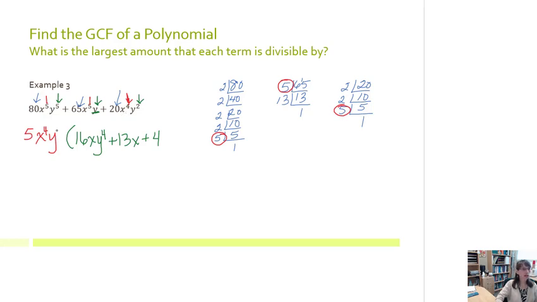Y to the 1st is what we have. Y to the 2nd is what we need. So it looks like we need one more base of y. Close it with the parenthesis. So our final answer includes 5x to the 4th y multiplied by this quantity.